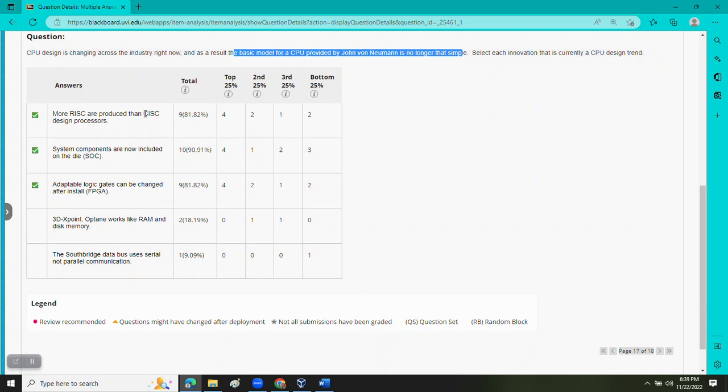Well, many CPUs are no longer complex instruction set chips. Instead, they're reduced instruction set design. Okay? That's one trend that's going on. So instead of being general purpose, they're more specialized, especially where mobile devices are concerned. System components are now included on the chip, on the die itself.